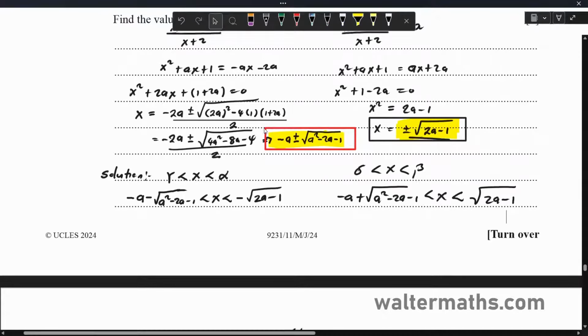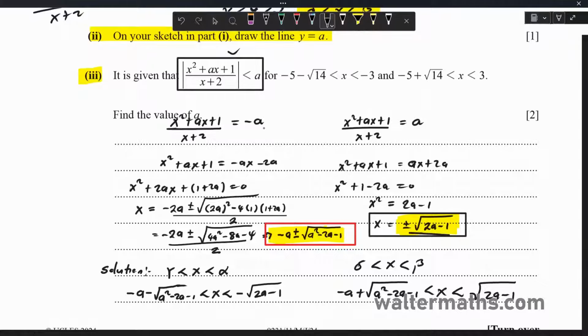So these values that we've gotten are comparable to this and this. The first solution is minus 5 minus root 14 is less than x is less than minus 3.